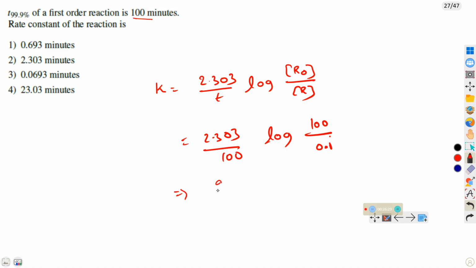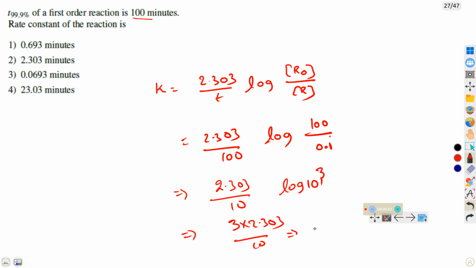That means 2.303 by 100, 0.1 reciprocal is 10, log 10 cube. Log 10 cube is also written as 3 log 10. 3 into 2.303 by 100. Then you will get 0.0693 per minute.